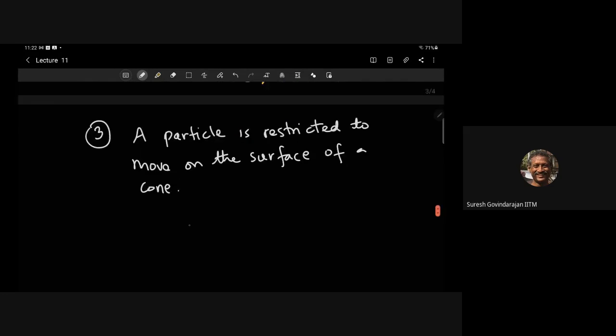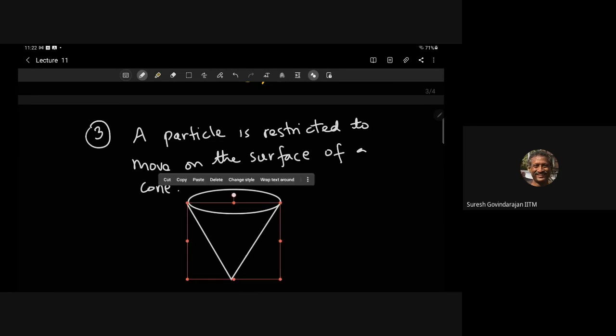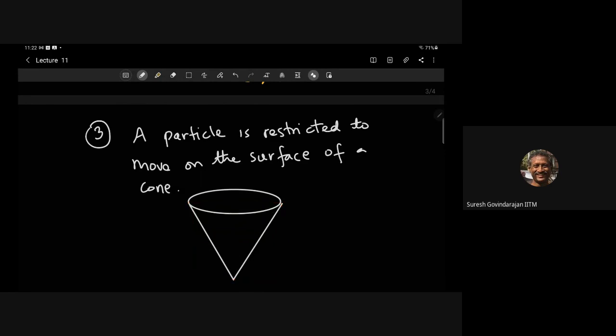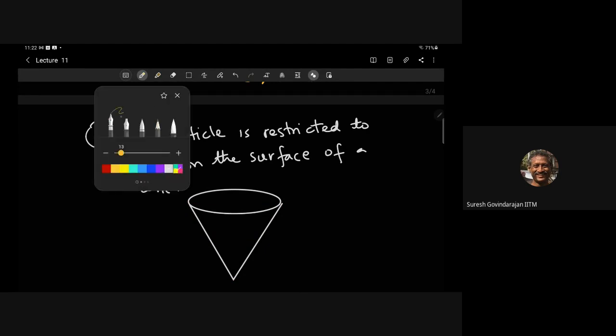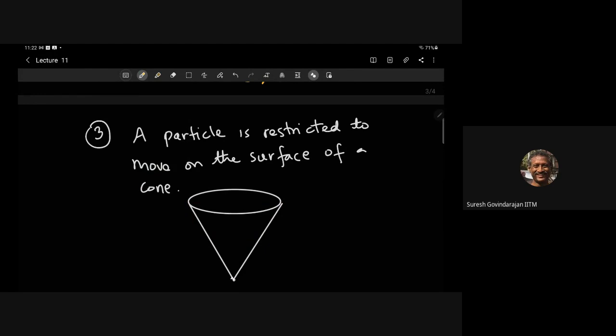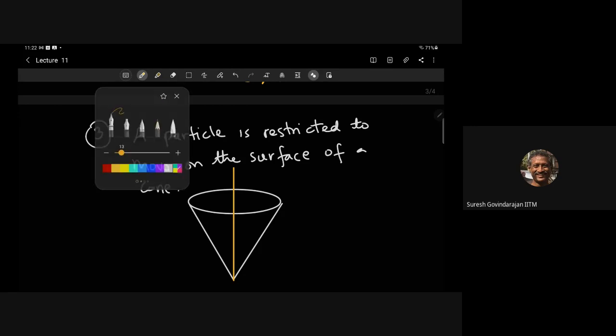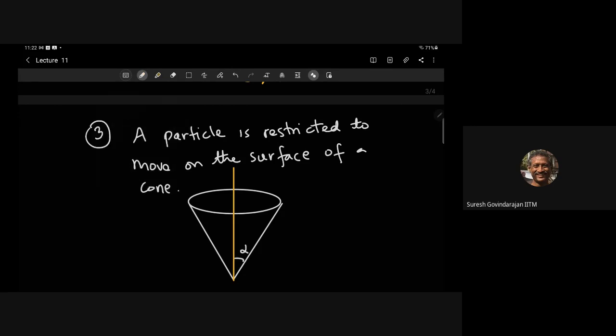So let's draw something like this. The cone has some angle alpha.